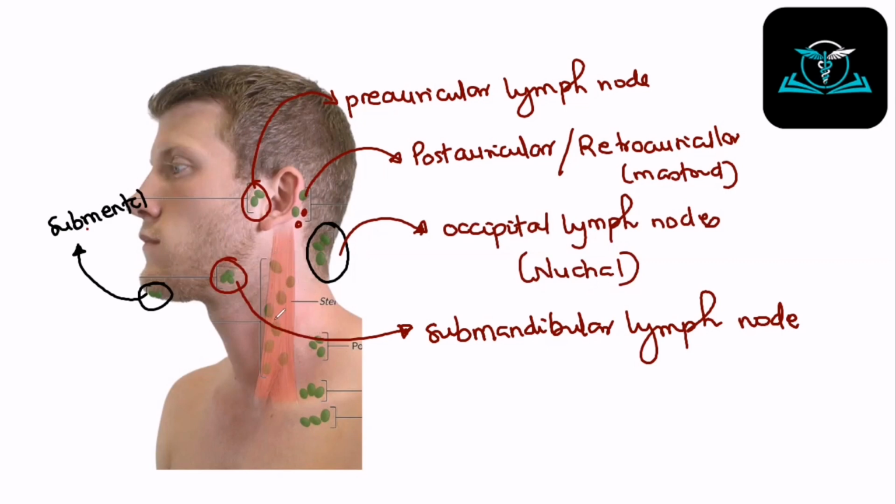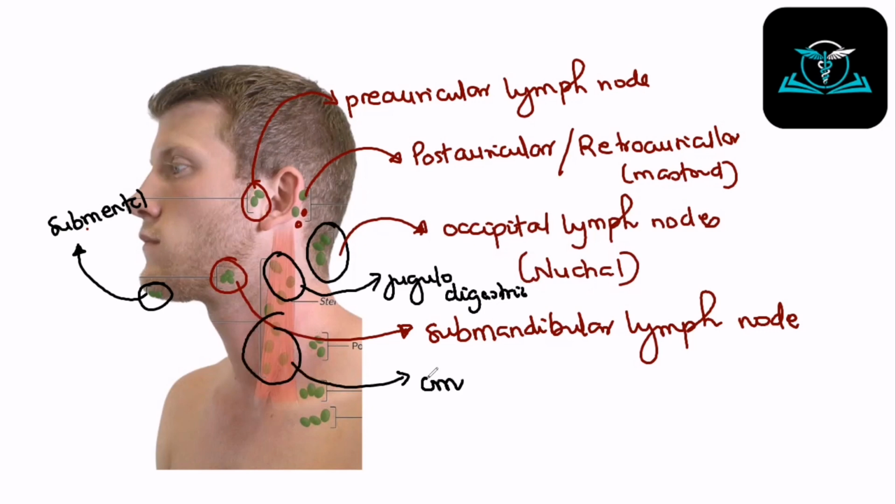Although I am talking about the superficial lymph nodes, allow me to talk briefly about the deep cervical lymph nodes. So we have the omohyoid lymph node, and then the jugulo, this is actually the jugulo-digastric lymph node, and this is the omohyoid, the jugulo-omohyoid lymph node.